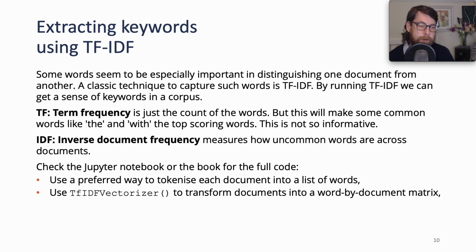And what that does is it transforms the documents into a word-by-document matrix. So this is also the start of where we are introducing the means by which we transform data into a matrix format and then work with it in the matrix format. You'll see stuff like this as well later on in the network chapter, where you can have a matrix of from and to.